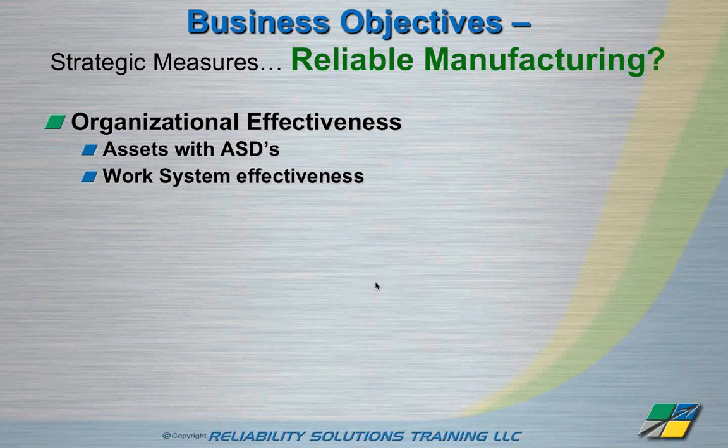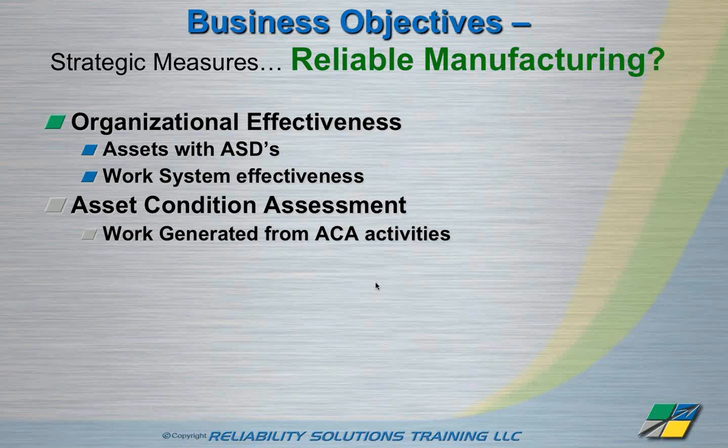Another one I like to look at is when the schedule is complete. Are we scheduling a week out? Are we scheduling a day out? There are metrics that surround that as well. In the area of asset condition assessment, a strategic metric is how much work is being generated from asset condition assessment activities.